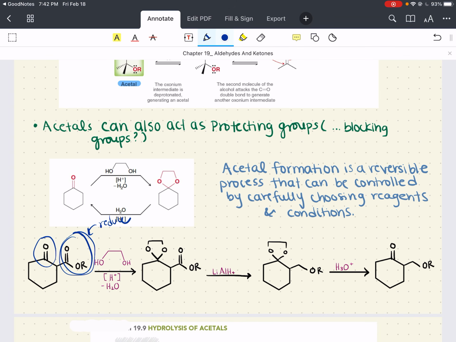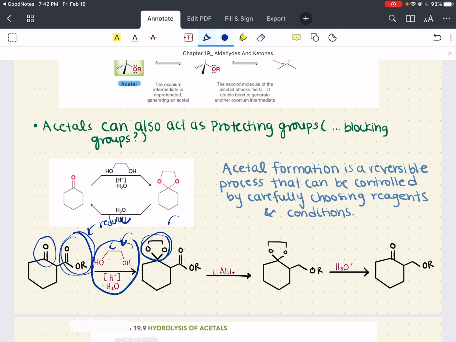Well, what we can do is first form an acetal at that ketone, because at ketones we can form these acetal groups. We can transform them, I'm so sorry, into acetal groups through our reactants. The group that we want to attach right here.